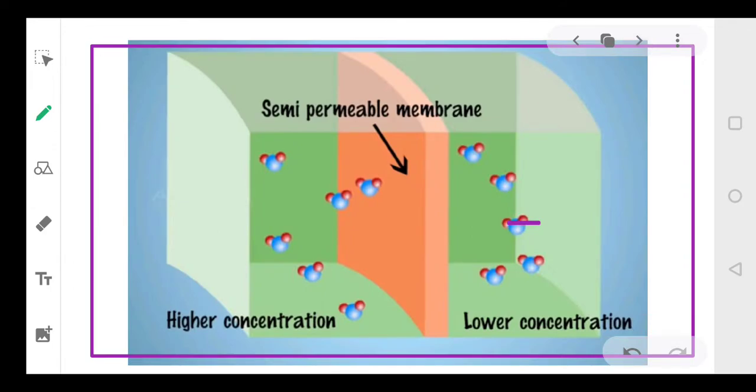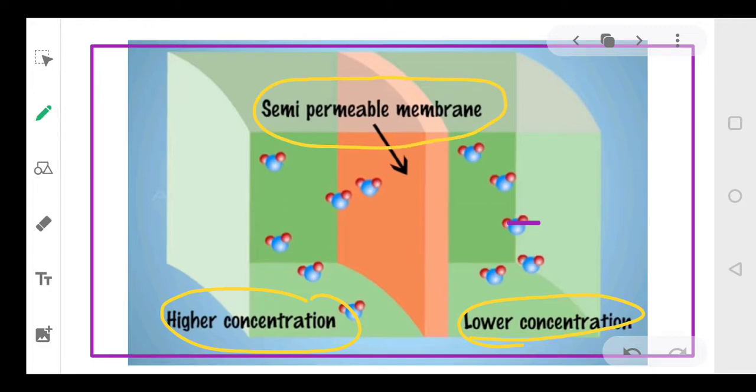Osmosis is basically the movement of water from high concentration to low concentration, where its amount is less, and it always occurs through a semi-permeable membrane.